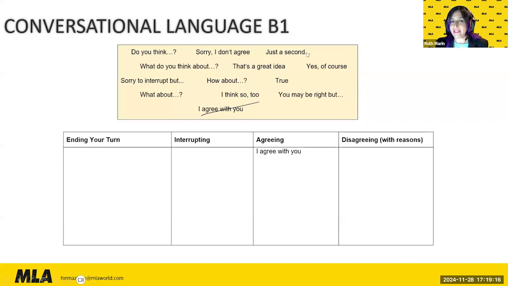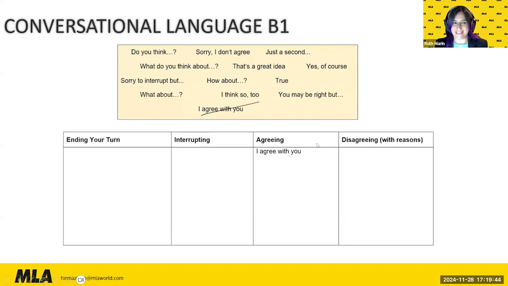So these are different sentences, different functional language they can use to introduce the function or meaning they want to convey. Obviously the first one is very clear: I agree with you. Now, ending your turn. Right, so which one would you use?